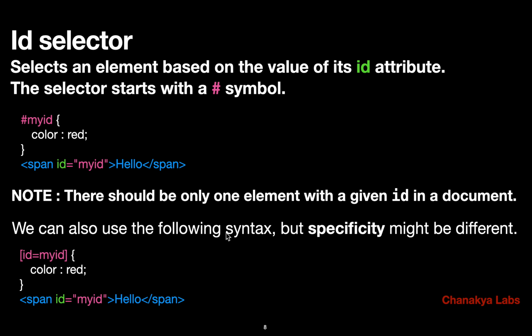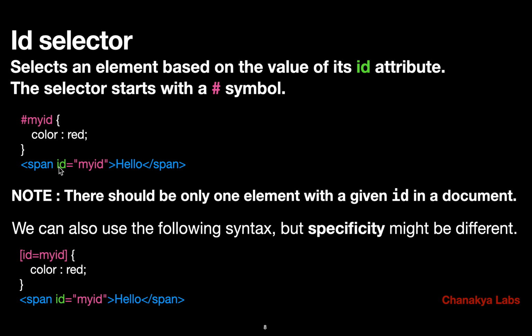So for that we have another syntax which is called attribute selector. So this is the ID selector, the class selector we have seen, and this is called the attribute selector, where we can write the attribute name followed by whatever attribute value we want to target. We will see this in detail in the next video. But I just mentioned it now, because even if something like ID is equal to is there, we have a special syntax, hash, but then also we can use this syntax.